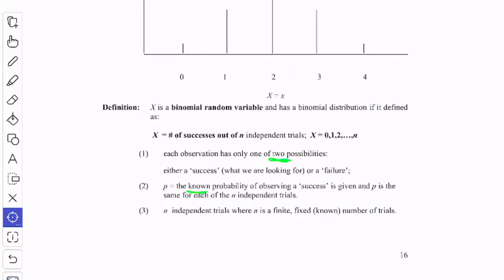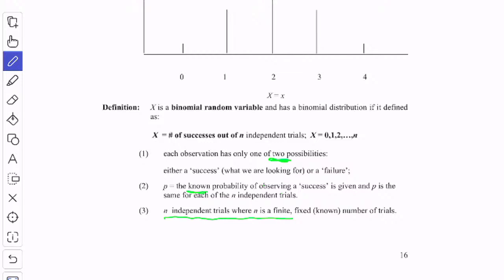We look several times, and we have to be more specific. For it to be a binomial random variable, we need to know the number of times we observe. Now that might not necessarily be the case. You might be interested in a variable where you keep on observing until you see what you want to see. So you observe once to look and see if someone is sick.